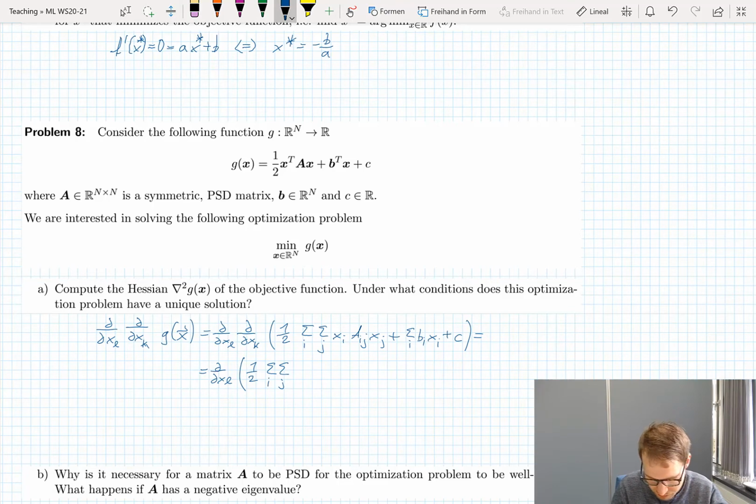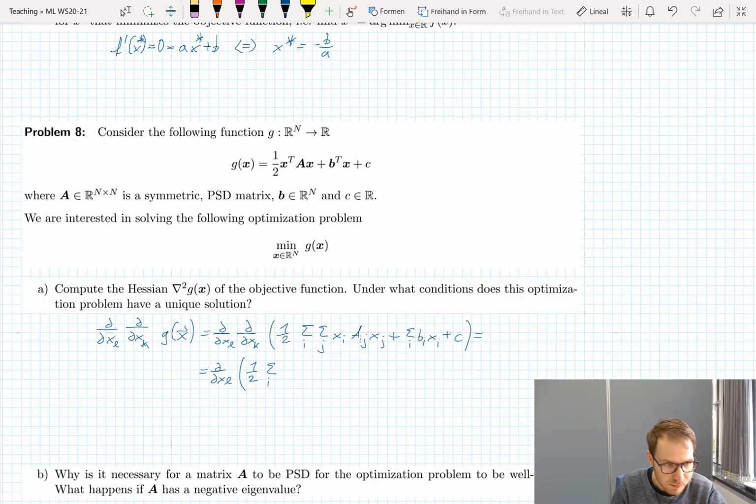Well, essentially, I don't need j anymore, because we know that if i or j is not equal to k, then this will be 0, right? So that's like a delta function. We can do this intermediate step, but I'll just skip it.